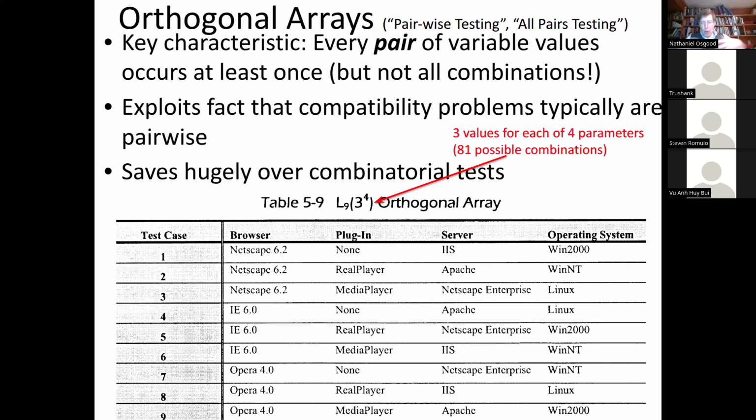So orthogonal arrays is about pairwise testing. And the key thing is that it avoids the need, this is critical, it avoids the need to consider all possible combinations, which is often prohibitive. Instead, what it guarantees is that for any pair of columns you choose, let's say browser and plugin initially, every pair of values is tried.